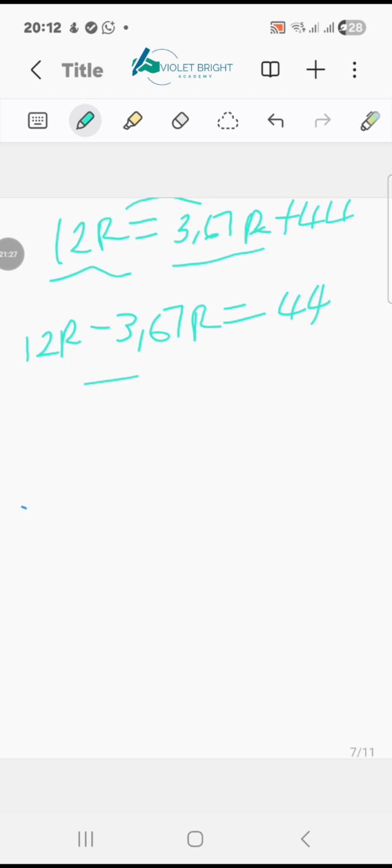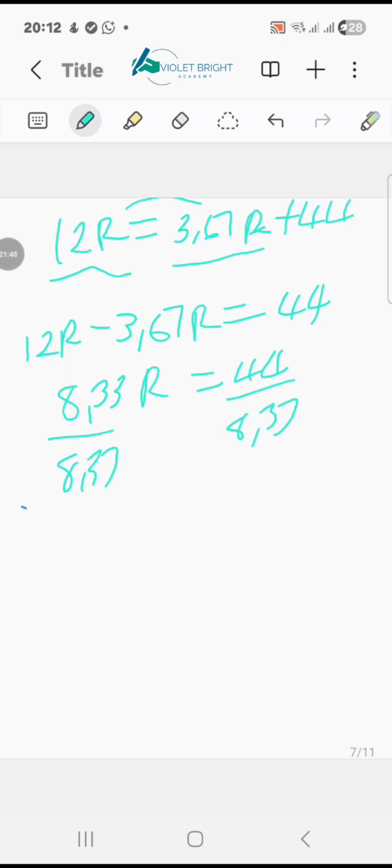Then let's find the answer of this. It will give us 8.33r is equal to 44. So we divide both sides by 8.33. Then this will cancel out, so we can find the specific value of the resistance r.